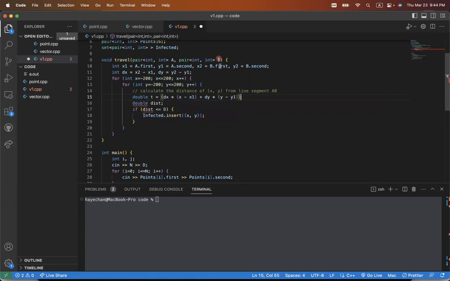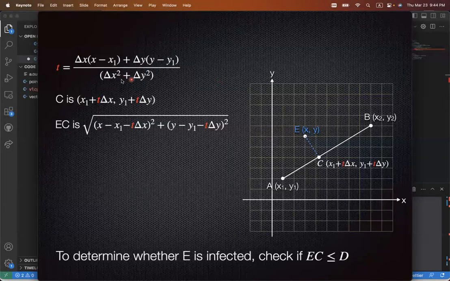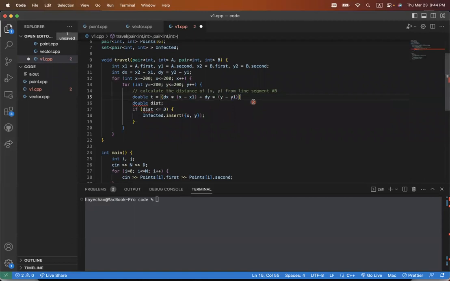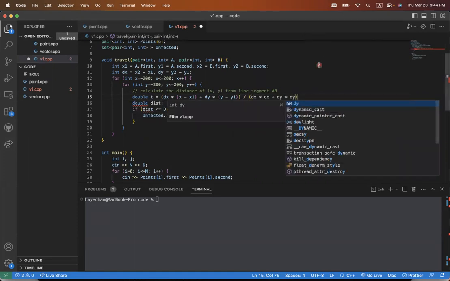And then the numerator is divided by delta x squared plus delta y squared, so dx times dx plus dy times dy.